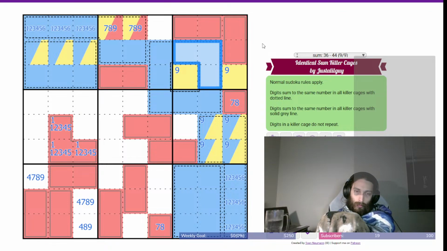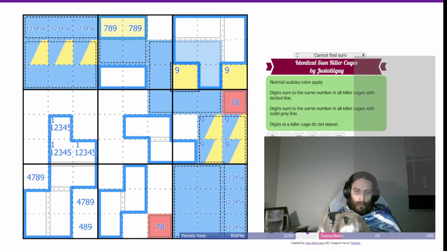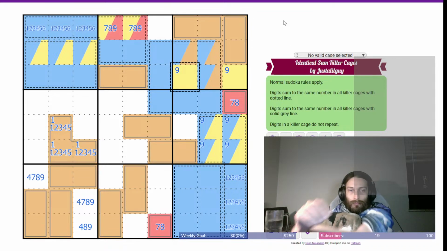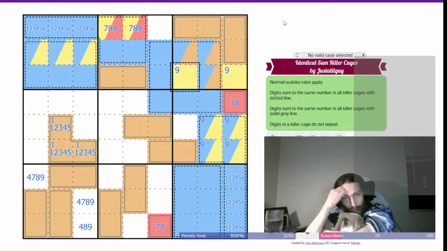It has to be one of those three. Yeah, so in box 3 on the ring. Yeah. You change those to orange.